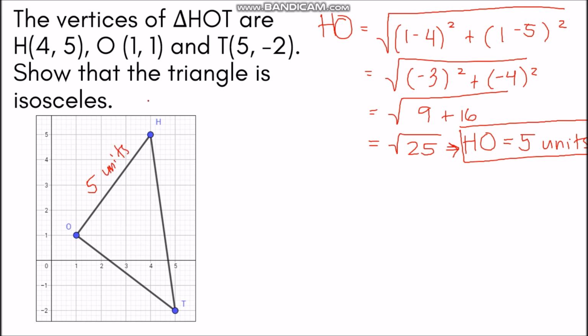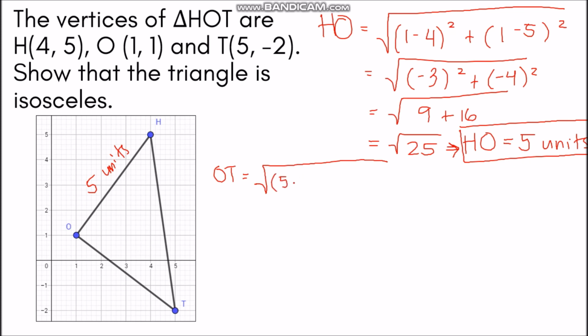So we need to solve for the next one. Let's have OT. So OT is equal to, I will be using O as the first point and T as the second point.